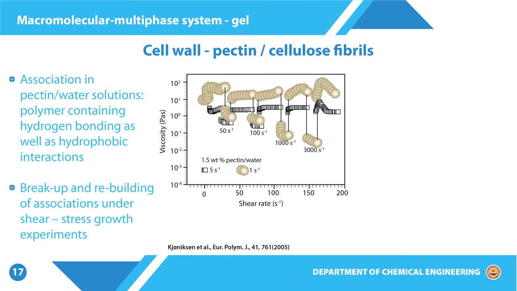So, with this overall review, we started with polymers, then we looked at multiphase systems, and then finally we have looked at a class of materials which are far more complicated and on which research is being done in recent years.